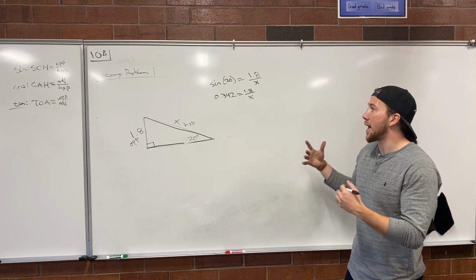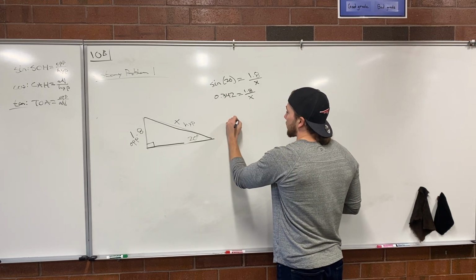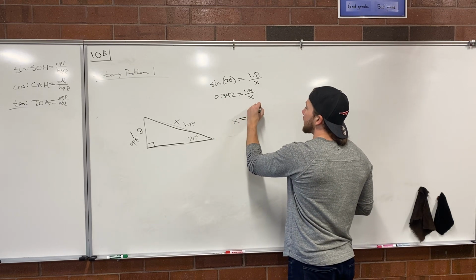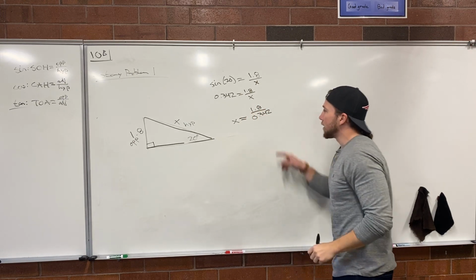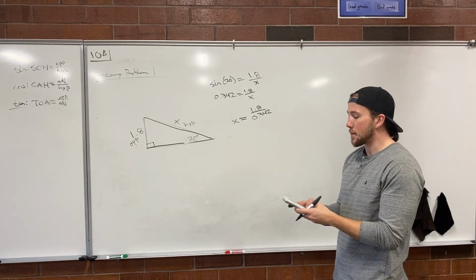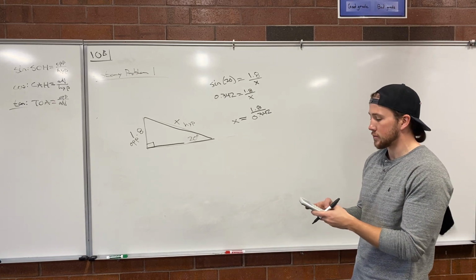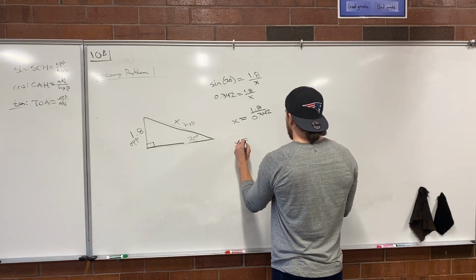I can just switch this and this, and it works out. So I end up with x equals 1.8 over 0.342. Now I can do this in my calculator: 1.8 divided by 0.342.